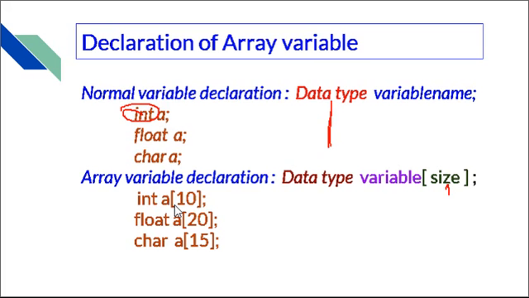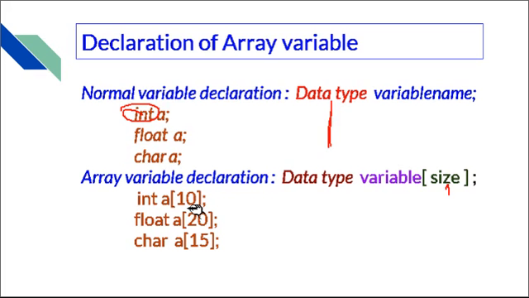Why is it an array type variable? A is the variable name, and it is followed by the subscript square brackets. So after the variable name, these square brackets indicate that it is an array type variable. The value within the square brackets specifies the size or capacity of the array variable.